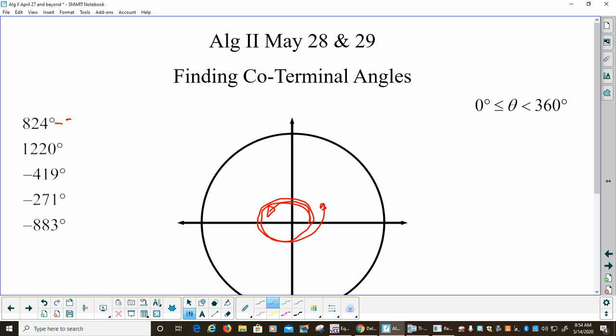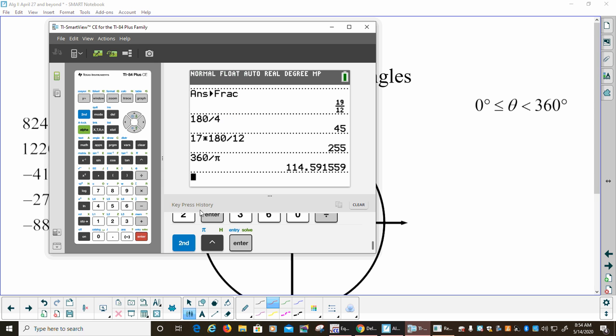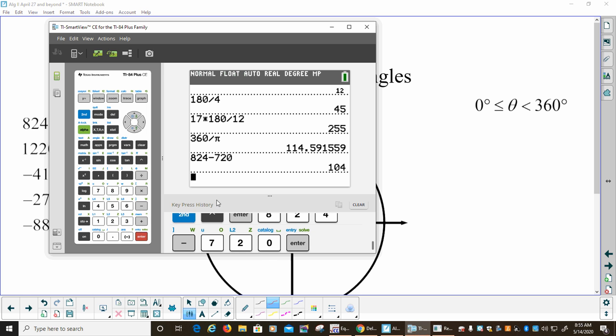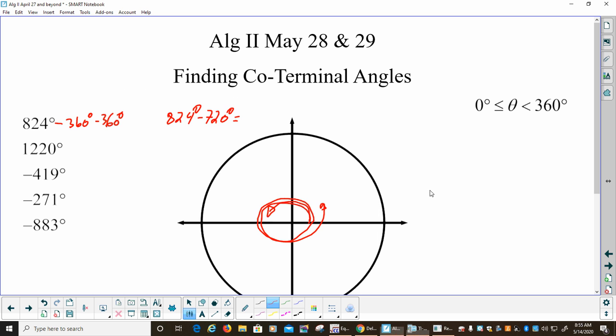One way to look at that is you cut off 360, you cut off 360, or 824, cutting off 720, and see what we get. So 824 minus 720 gives us 104 degrees. So 90 degrees, 104 degrees would be about here. So this would continue to wrap to there.